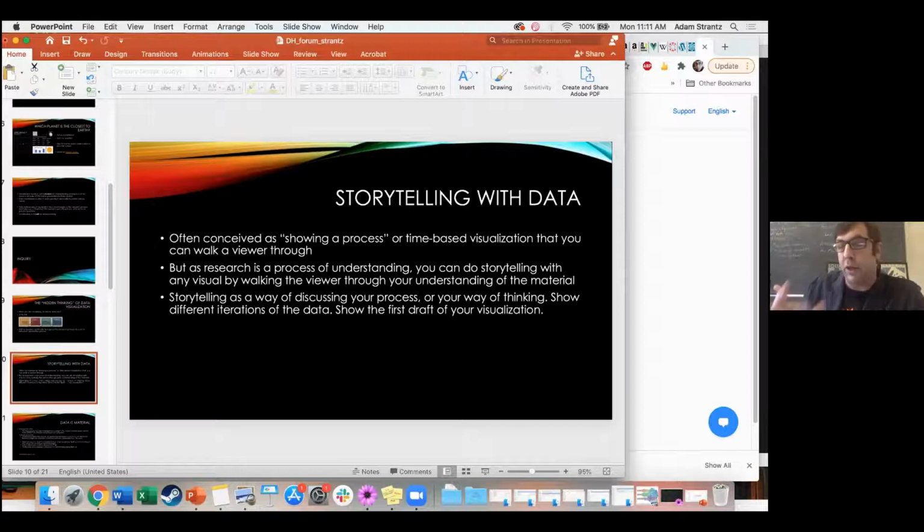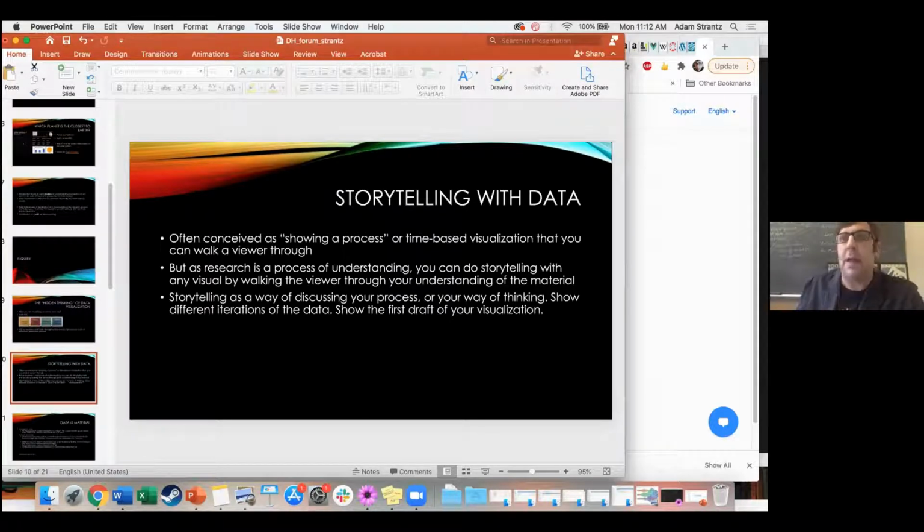So if you have like a journey to creating a data visualization, and I think maps are a great example, any type of long form research project like people have been showing today, is just a great way that you can walk people through any of that kind of research process and use the data visualization or other type of model to really highlight and show that story, that you're kind of hinging through it.